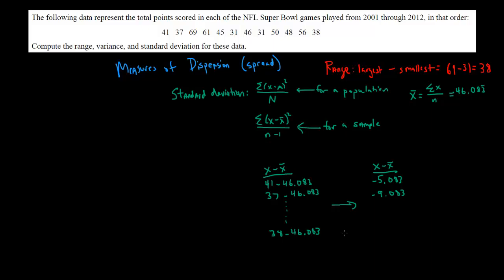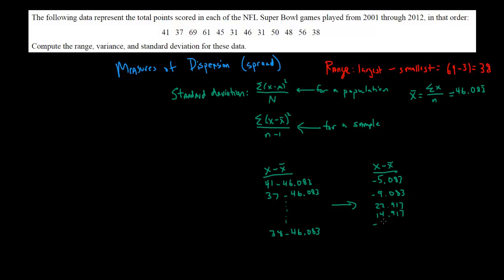Okay, we have 22.917. Now we have 61 minus 46.083. That is 14.917. Okay, then we have 45 minus 46.083.